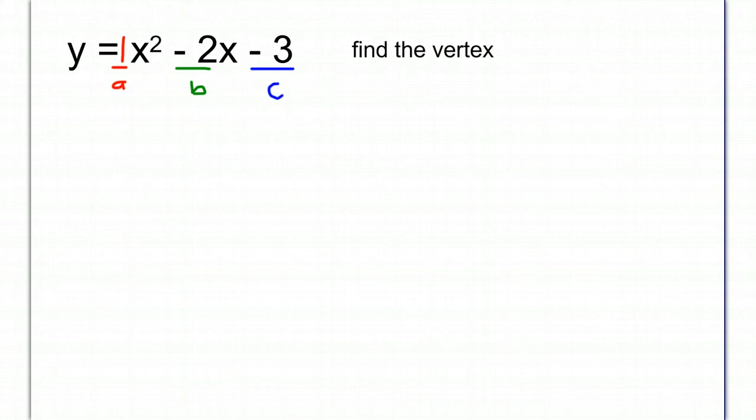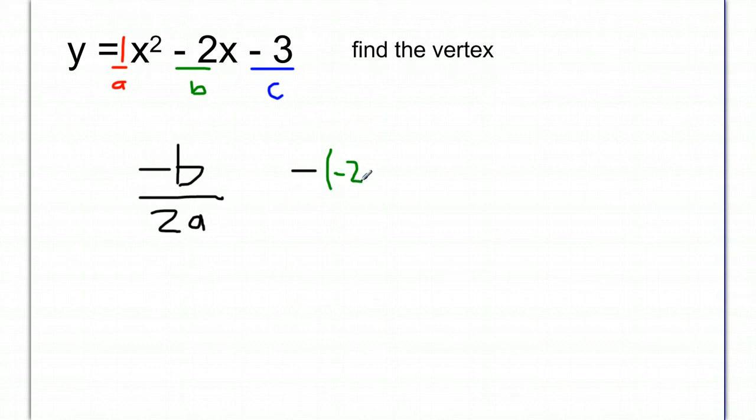And so when we do our negative b over 2a, what we really need to do is plug in those equivalent values. So we have negative 2, because b is negative 2. And when you have a double negative, we know that it will eventually become positive. But for now, we can just write it this way.